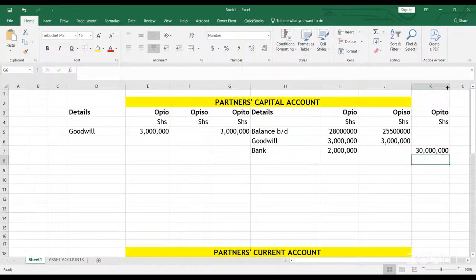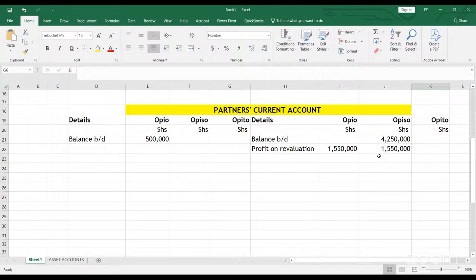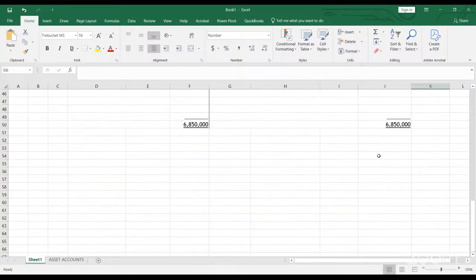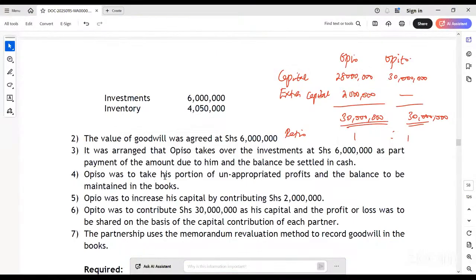Okay, so now what we have to work out next, is there anything else which is left out? Let me see, putting our question. Opiso was to take his portion of the unappropriated profits, and the balance be maintained in the books.